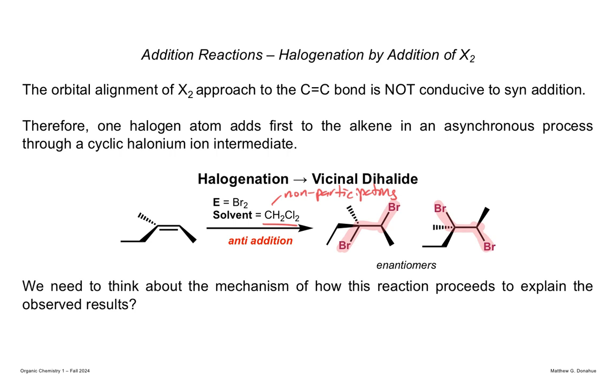So when I've highlighted it like that, again, if you think of the Newman projection, if you're looking down that bond, you can see that they've added in an anti-fashion to give you a 180-degree dihedral angle. So there's nothing that will control, if you look at it, it says enantiomers. You're going to get both of them, so a racemic mixture.